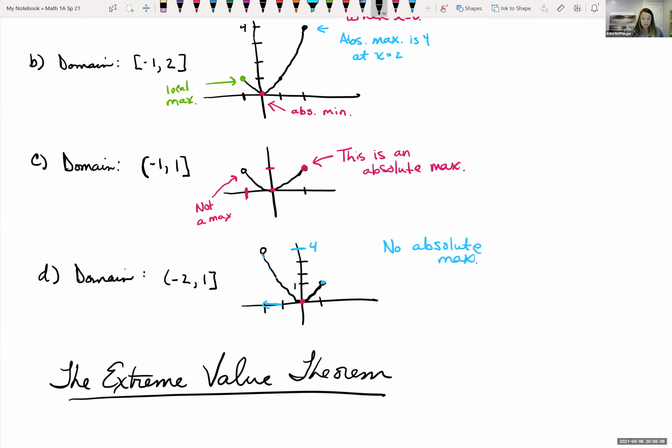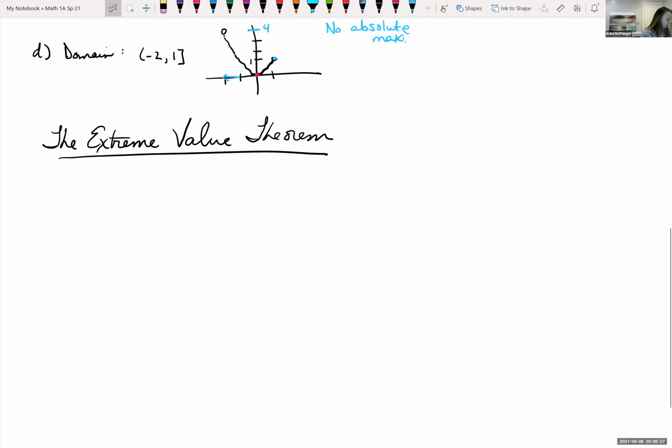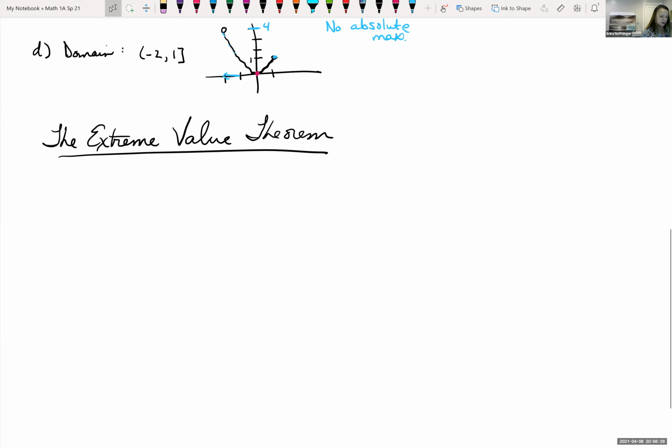If we have some continuous function, and all these we've been looking at were continuous, and we bound it within a closed interval, then it will have an absolute max and it will have an absolute min. And it's possible that it occurs at one of the endpoints. So let me put down what I just said.